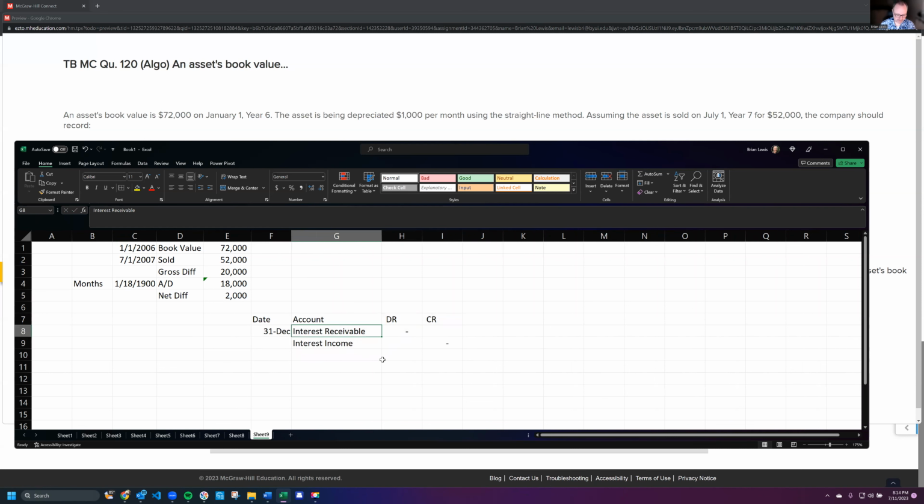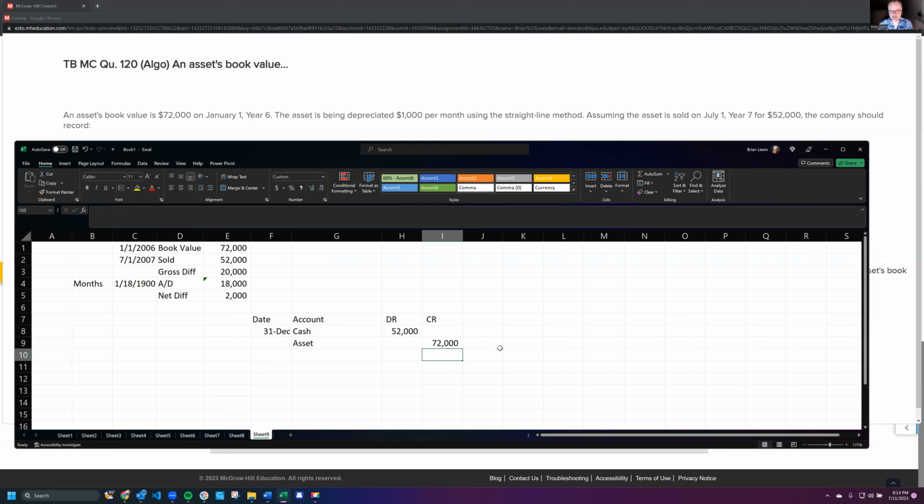We know we have a cash deal. The cash deal is what was sold for, $52,000, right? We also know that we have to clear out the equipment, right? So we'll just call it an asset. We know we need to clear that out, $72,000.